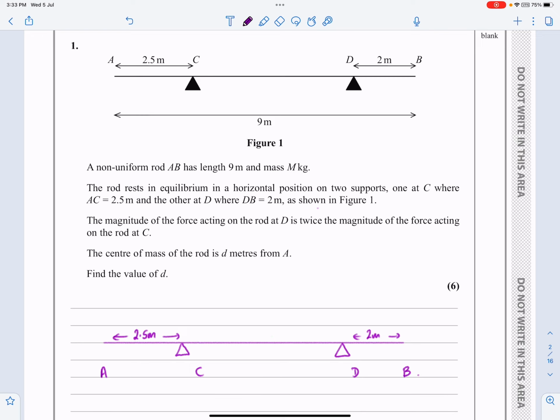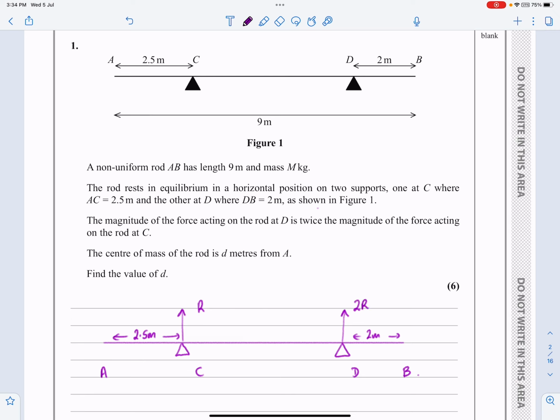The magnitude of the force acting on the rod at D is twice the magnitude of the force acting at C. So the first thing I'm going to do is put on my reaction forces. I've got a reaction force here and a reaction force here, which I'd normally call RC and RD, but they're telling me that this one is double the other one. So I'm going to call the reaction at C R, which means I can call this one 2R.